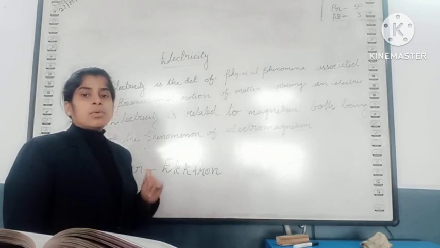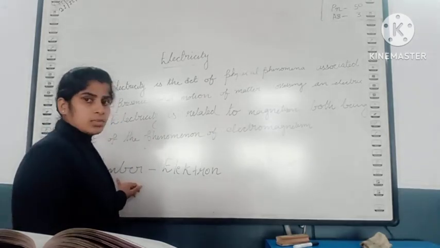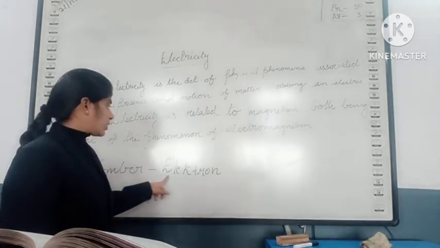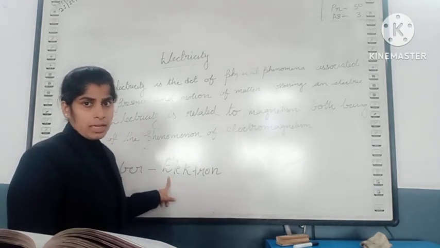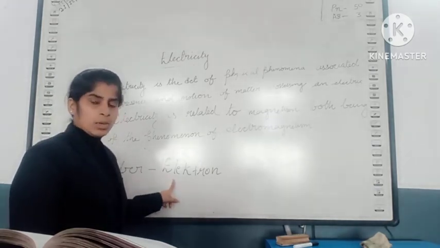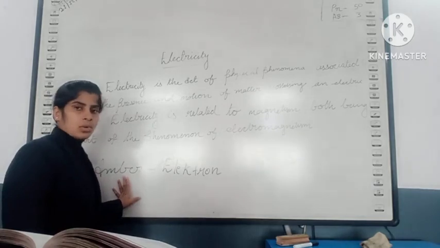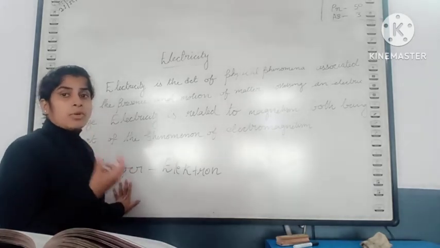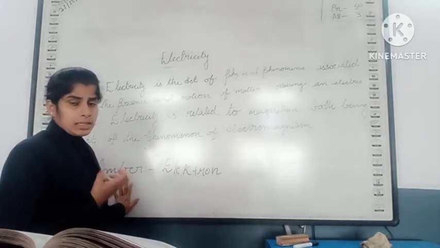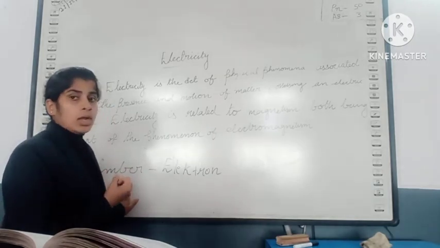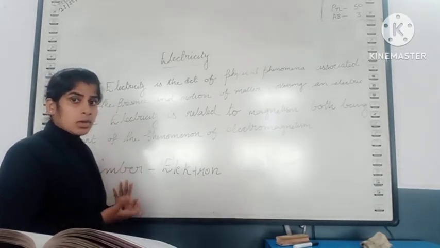Amber is the word for electron in Greek. Amber means electron in Greek. Actually, amber is a fossil gum, and it has a straw yellow color.